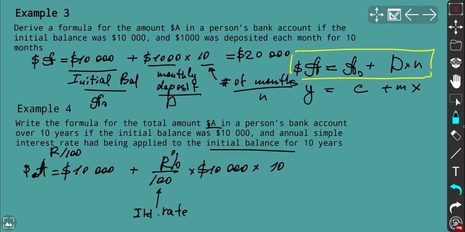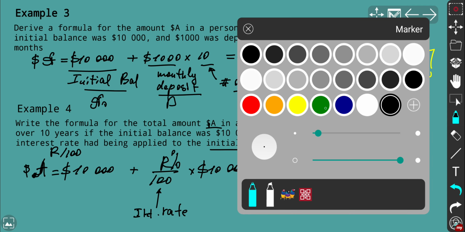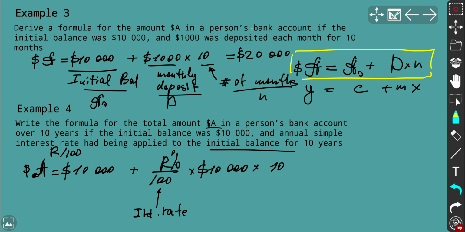All right, now let's try to generalize, and we set up the following. So that's the initial amount. We can even factorize that. Let's have a look. If we factorize, we get $10,000, that's the initial amount. Here we'll get 1 plus, let's say, the rate in decimals.